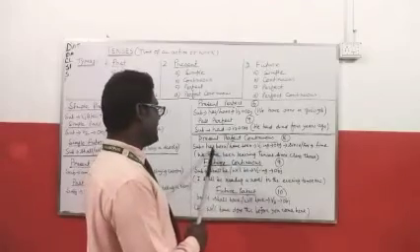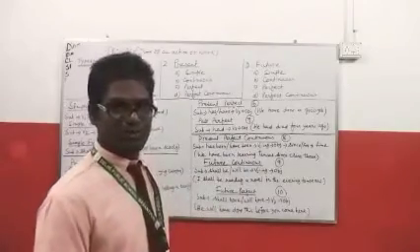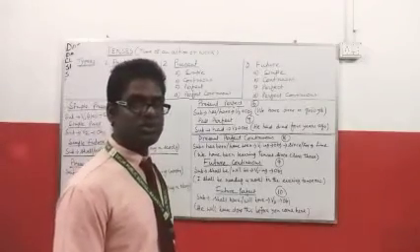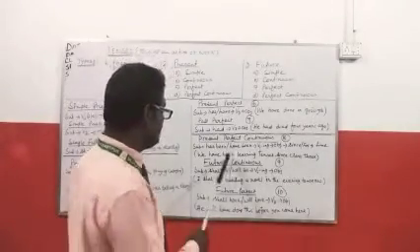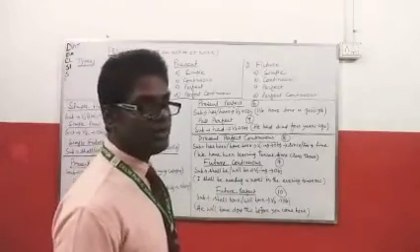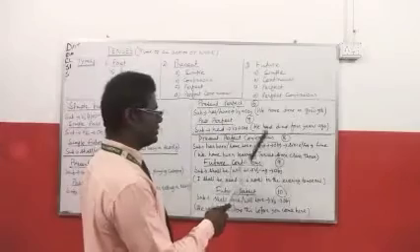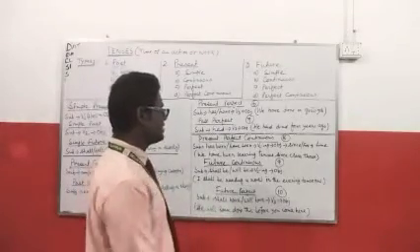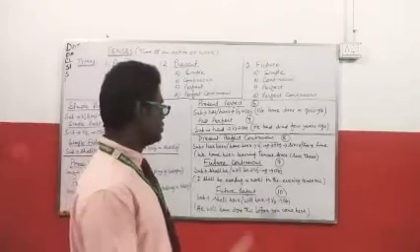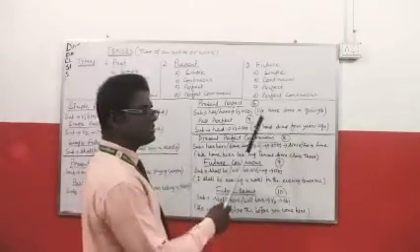Has or have is used for perfect tense, and for perfect tense we use the third form of verb. Here been is used. And in continuous tense we use V1 ing. So this is the combination of two tenses, present perfect tense and present continuous tense. So here you can see present perfect continuous tense.